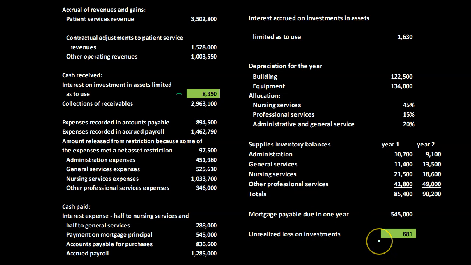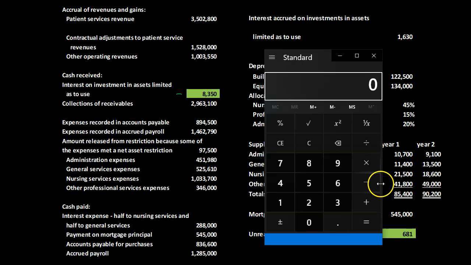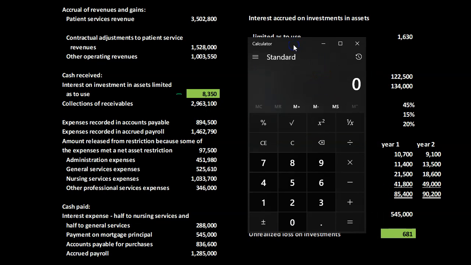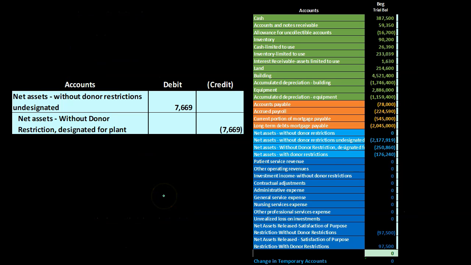And this item down here, unrealized loss on investment, is also related to the same type of investments. So if we have the 8350 minus the 681, that's the 7669 that we're going to be reallocating. So therefore, that's going to be our journal entry here. We're going to be taking it out of the net assets without donor restrictions, which are undesignated. We're going to be moving them into, increasing with a credit, net assets without donor restrictions designated for plant.